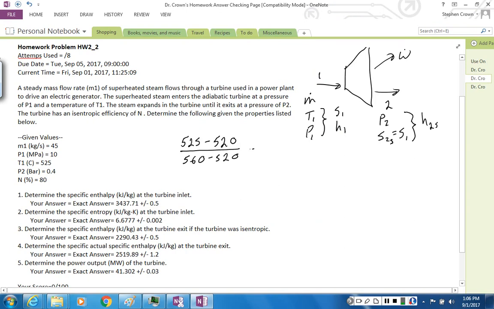So we're interpolating here on the values, and we're going to take the value H1, which is the one we're looking for, minus the value at 520, which is 3425.1, divided by the value at 560, which is 3526.0, minus the value at 520 for the enthalpy, which is 3425.1.